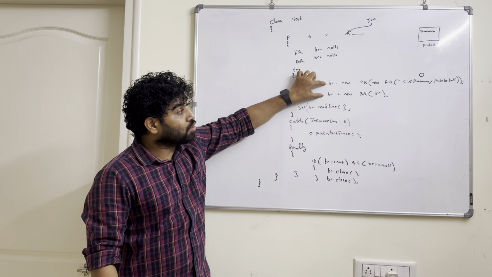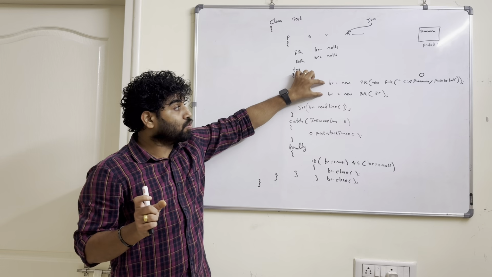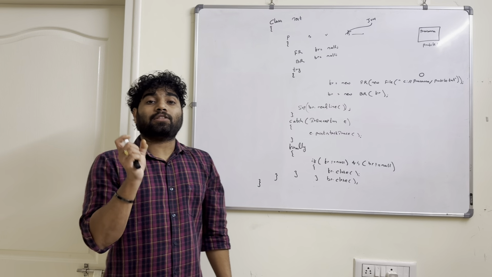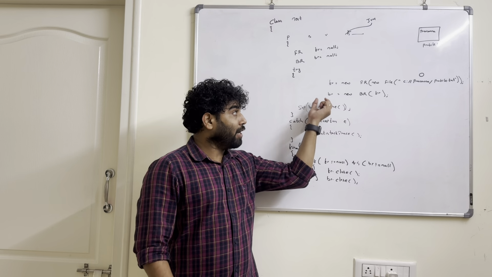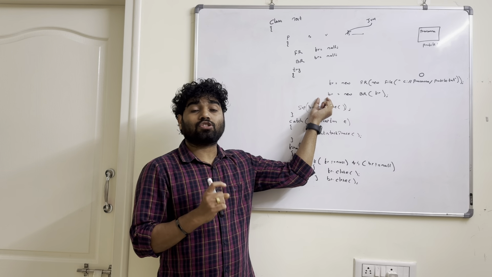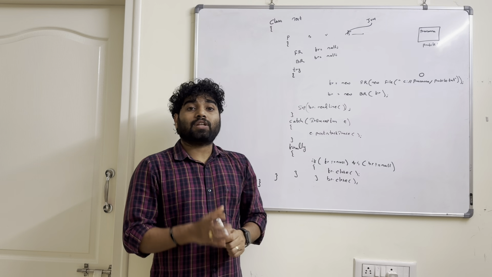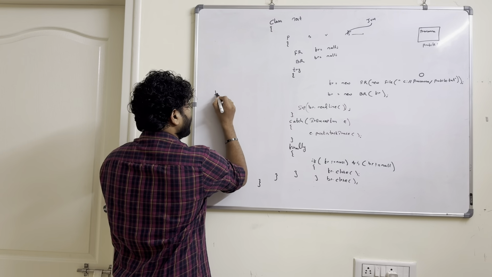That means this closing operation should not be performed by the programmer. It should be performed by the Java language itself. So Java itself should provide the support to close all these resource objects once their job is done. That is why they came up with a concept called try with resources.